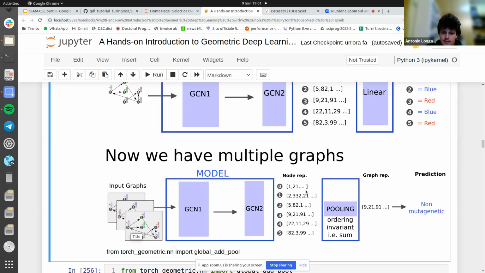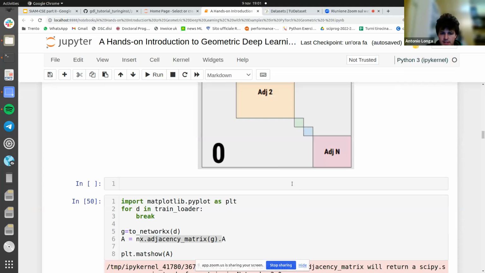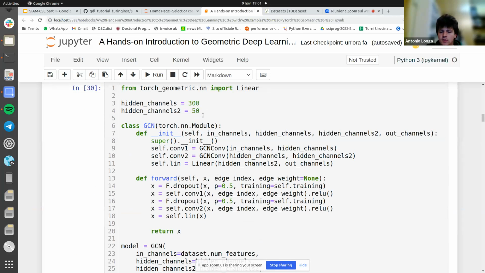No, in a sense that for the node representation, you have a representation depending on your hidden layer. So the dimension of your hidden layer, you can specify. For instance, in the previous example, we fixed the hidden channel number 2 equal to 50.